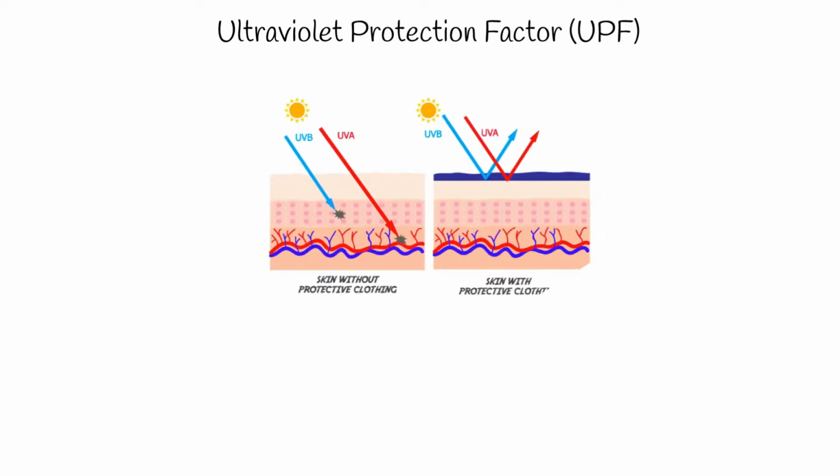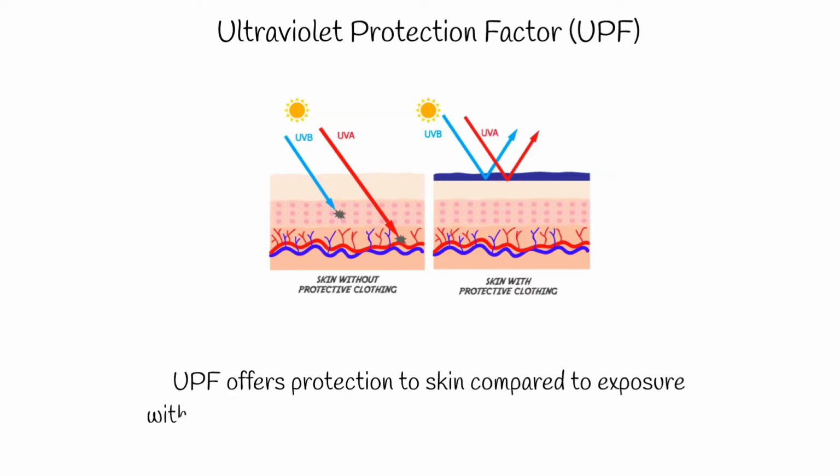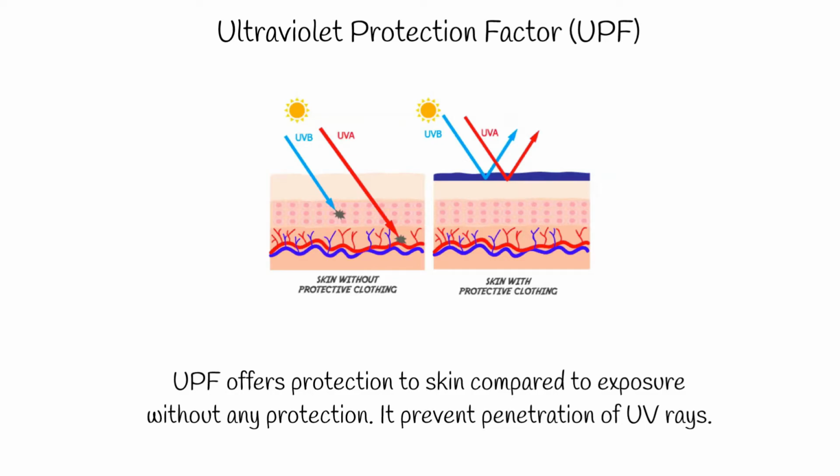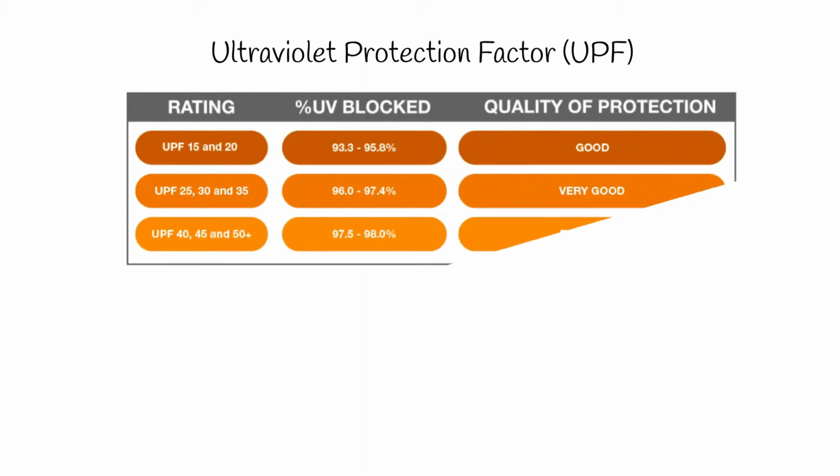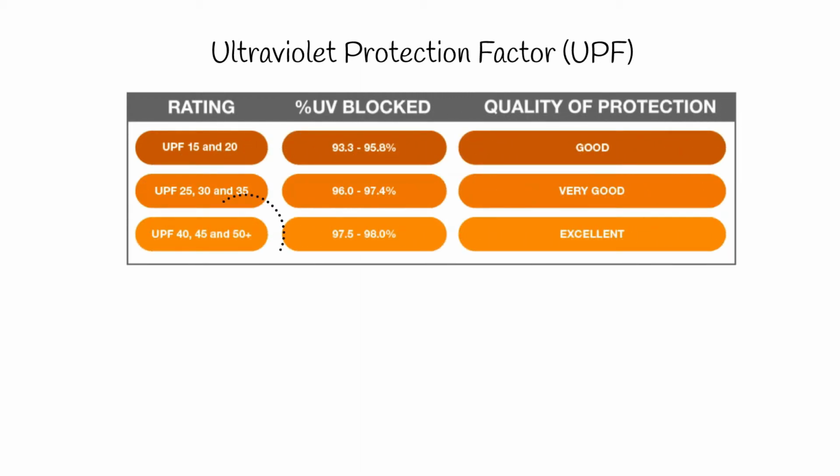Are you able to compare these two figures? UPF offers protection to the skin compared to exposure without any protection. It prevents penetration of the UV rays into the skin. Let's take a look at this table that shows rating, percentage of UV block, and quality of protection.